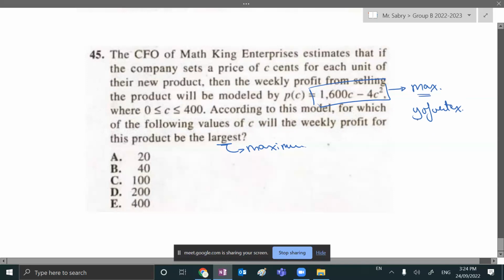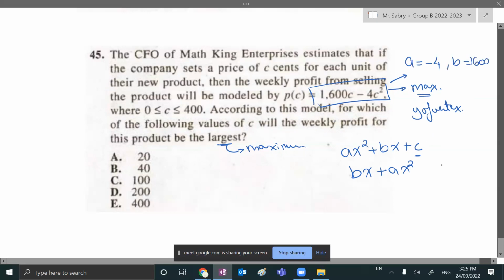This is a quadratic function written in the form of ax squared plus bx plus c, but in reality it's missing the c, and the bx is written first, then the ax squared. So you can identify a as -4 and b as 1600.